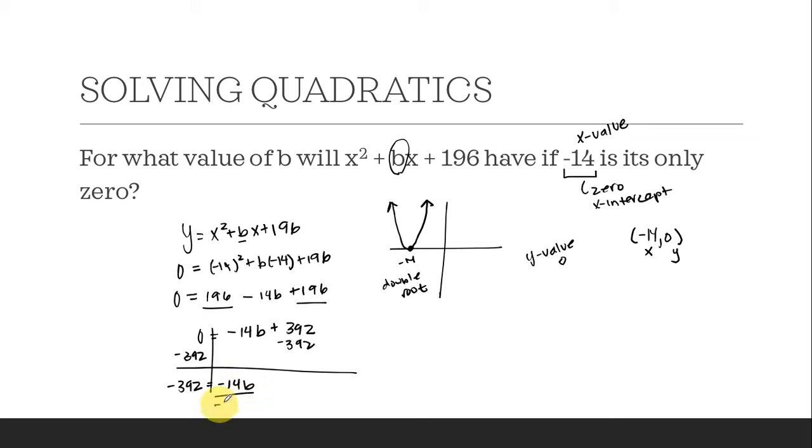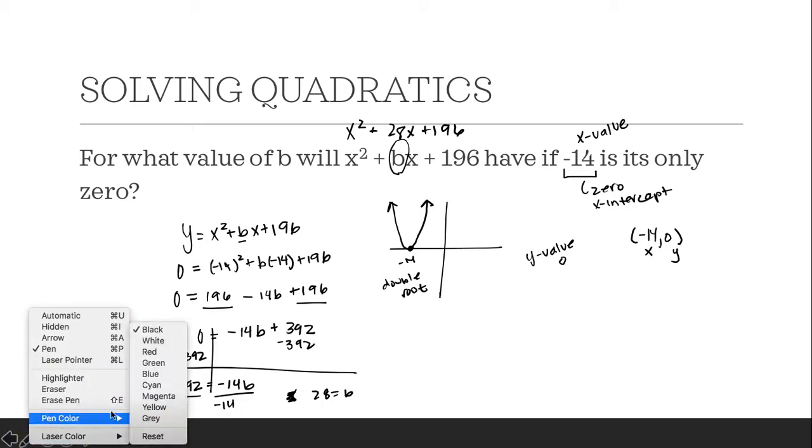Then divide both sides by negative 14, giving me 28 equals b. So my b value here would be 28x. That's one way to do this problem.